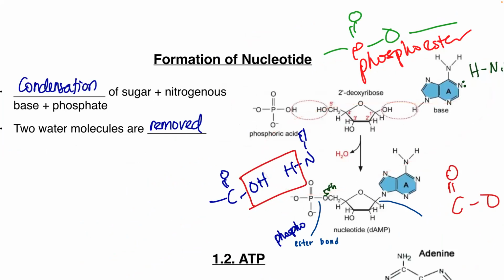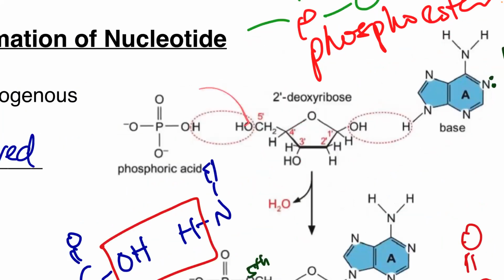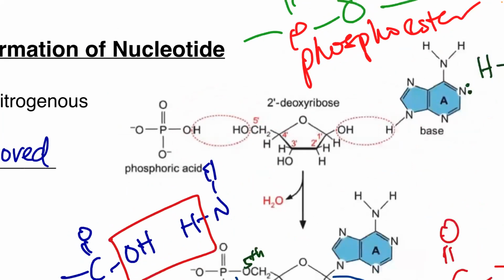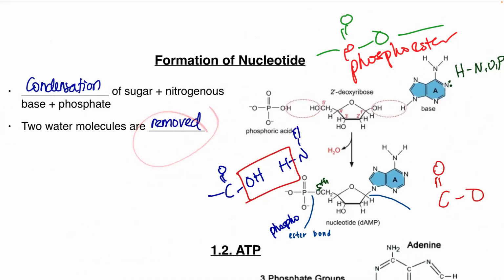Essentially two water molecules are released here. It's between hydroxyl group and hydroxyl group, but this one is hydroxyl and hydrogen, whereas in most other cases you have seen so far it is between OH and OH. So just FYI, two water molecules are being removed.